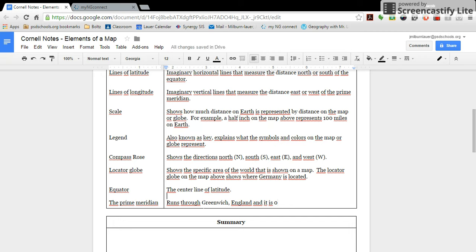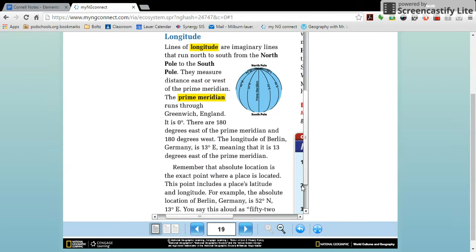Now there's a way to make the degree symbol, but I have to look up how to do it on a PC. I know how to do it on a Mac, but not on a PC, but you can just type it out, 0 degrees.